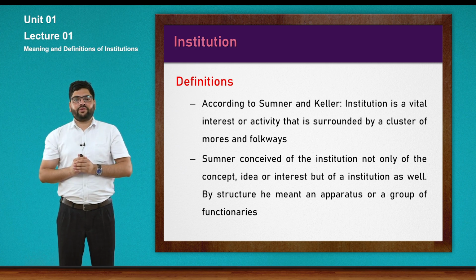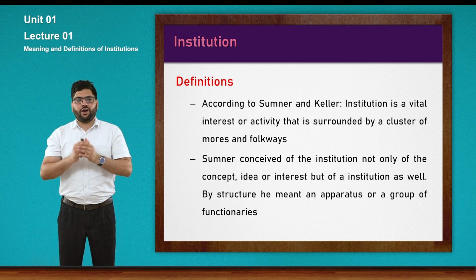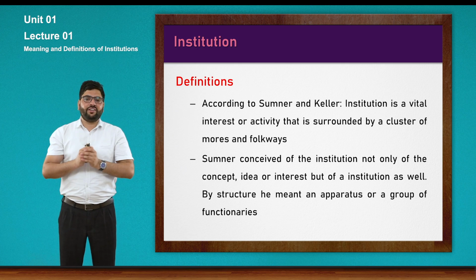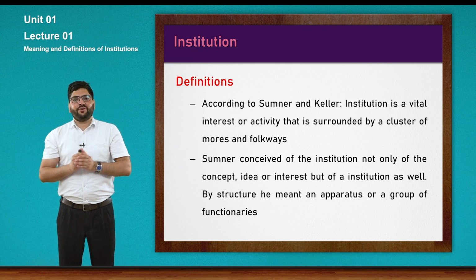the concept of institutions. As per the ideology of Sumner and Keller, they said that it is a vital interest, or we can say an activity that is surrounded by what?